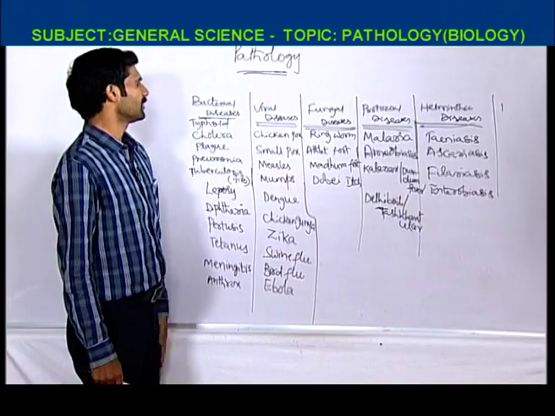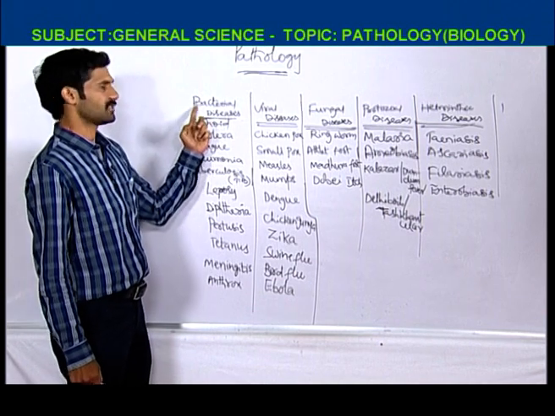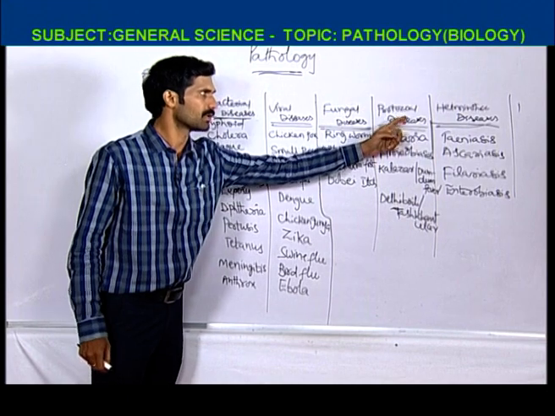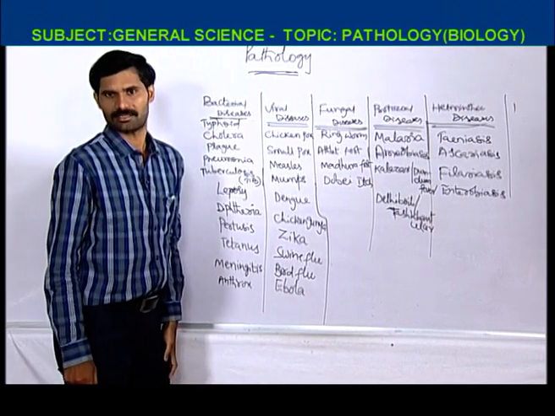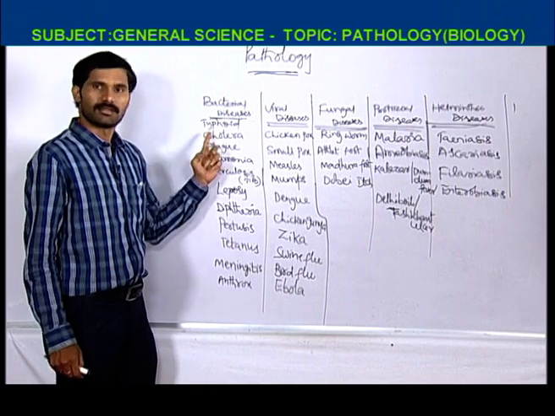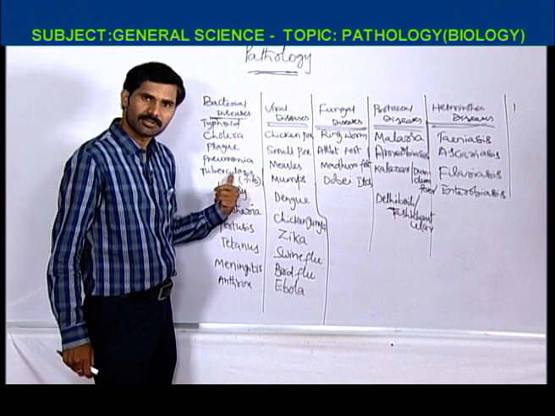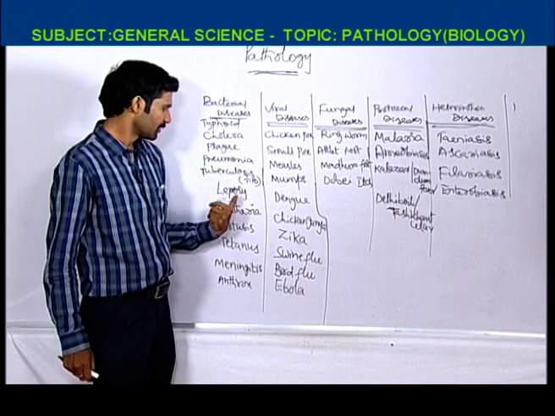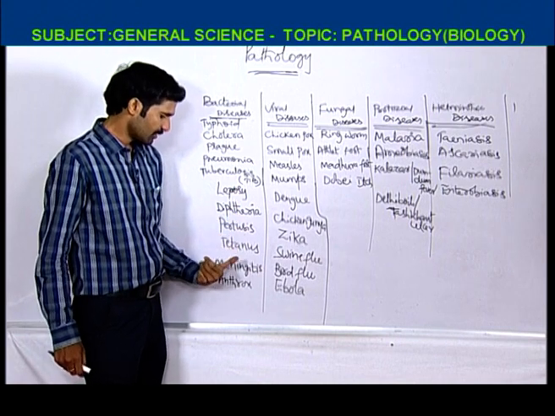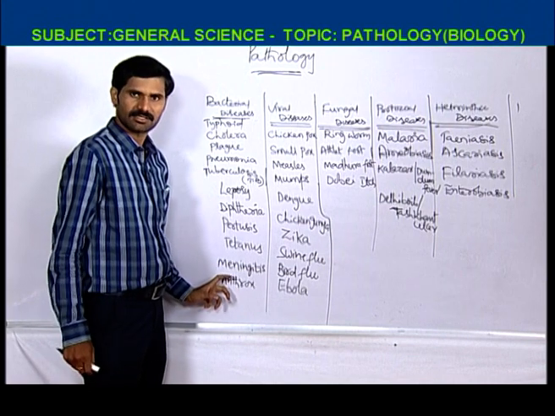Diseases are mainly classified into 5 types, namely bacterial diseases, viral diseases, fungal diseases, protozoal diseases, and helminthic diseases. So bacterial diseases include typhoid, cholera, plague, pneumonia, tuberculosis or TB, leprosy, diphtheria, pertussis, tetanus, meningitis, anthrax are the important bacterial diseases.